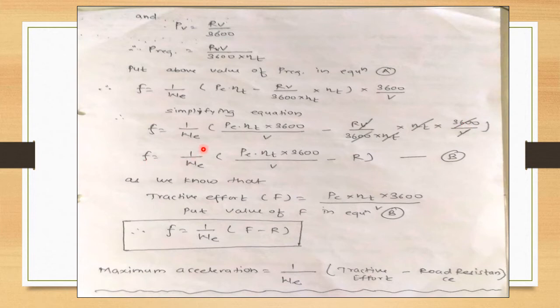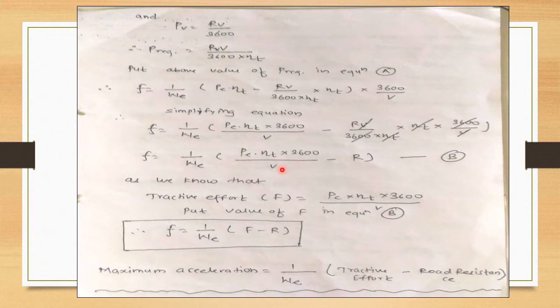So acceleration is equal to 1 upon effective weight into bracket PE into eta t into 3600 divided by V minus R. Suppose this is equation number B. As we know, tractive effort F is equal to available engine brake power into transmission efficiency eta t into 3600 divided by V. This is the value of tractive effort. How this tractive effort value comes, we are going to discuss again in the article on traction and tractive effort.